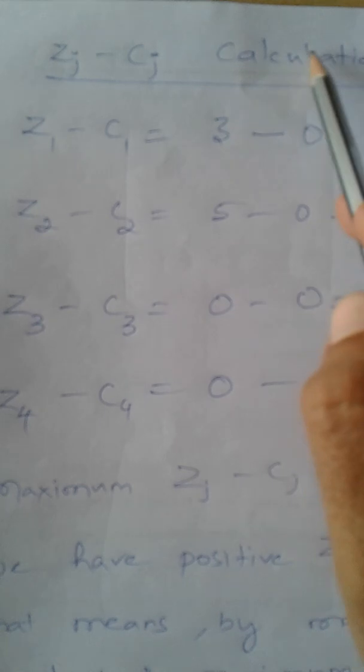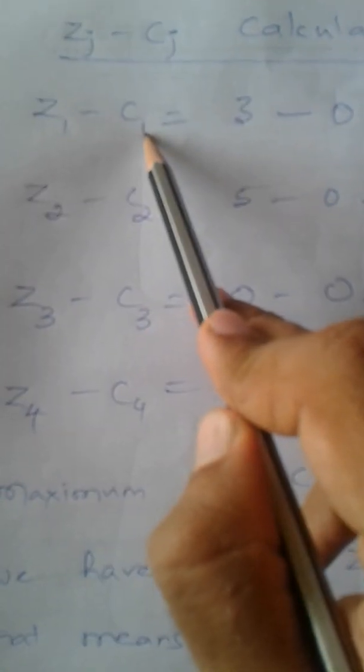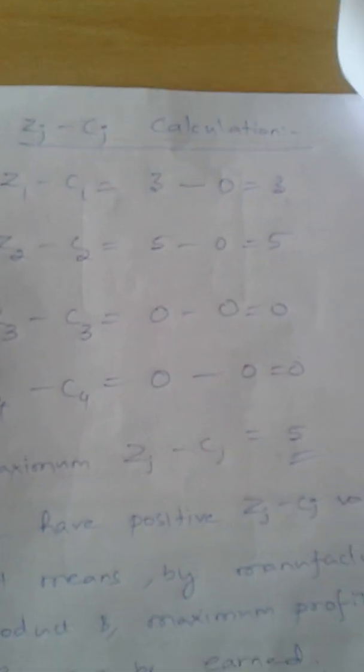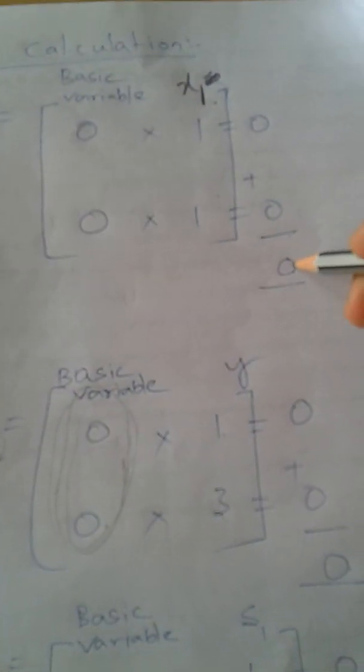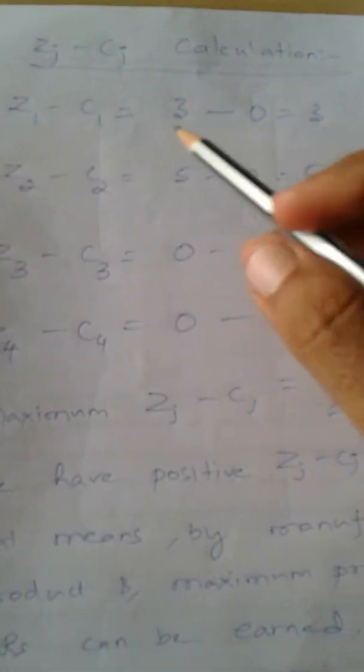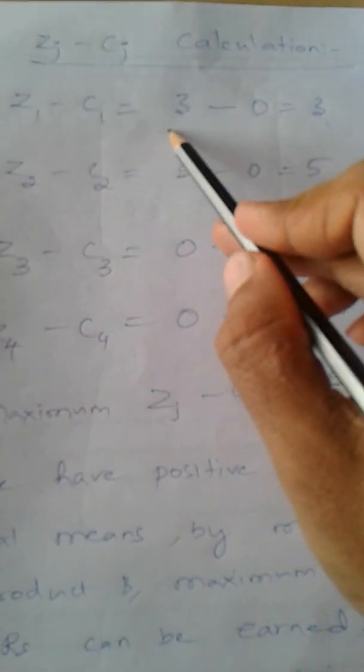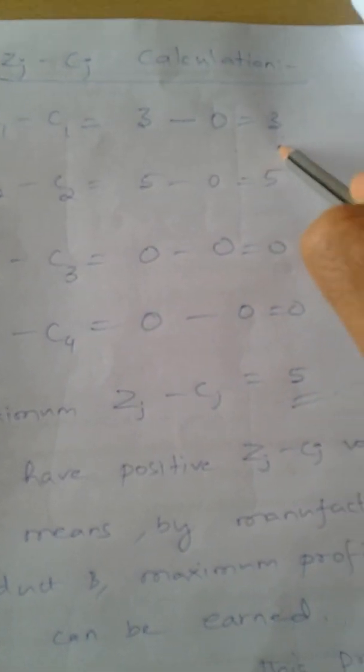Now going ahead, we calculate Zj minus Cj. Zj minus Cj is nothing but Z1 minus C1. Z1 is nothing but, I'm just going back to the table. Z1 was 3 and C1 we have got as 0. So I'm just going to the next page. Z1 minus C1 is equal to 3 minus 0, which is equal to 3.